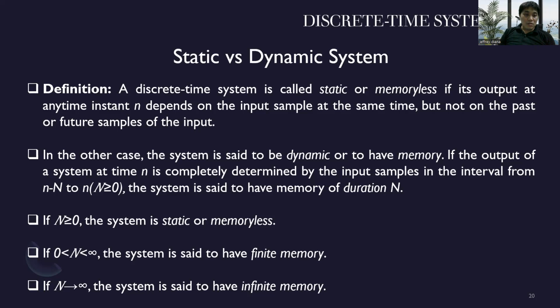If the condition 0 is less than N, less than positive infinity, the system is said to have finite memory. If N is infinite, the system is said to have infinite memory.